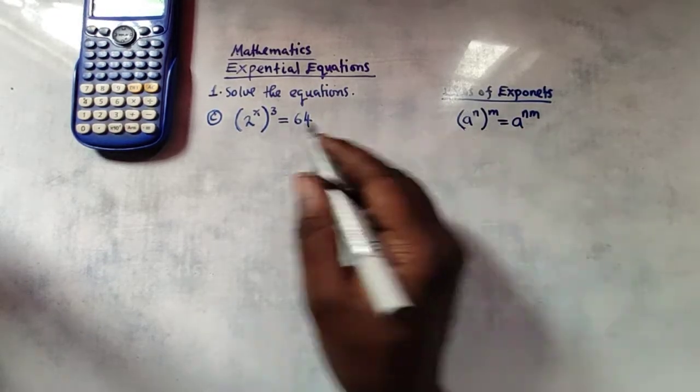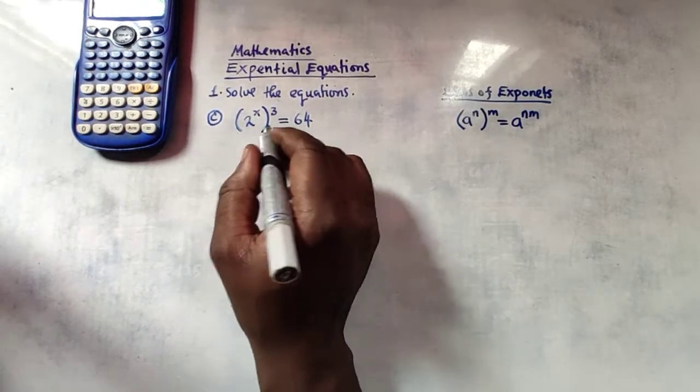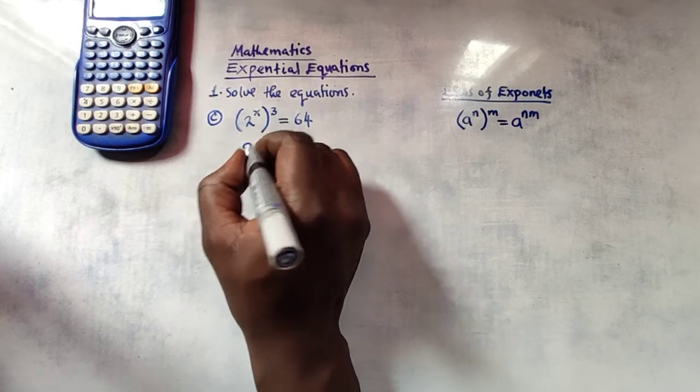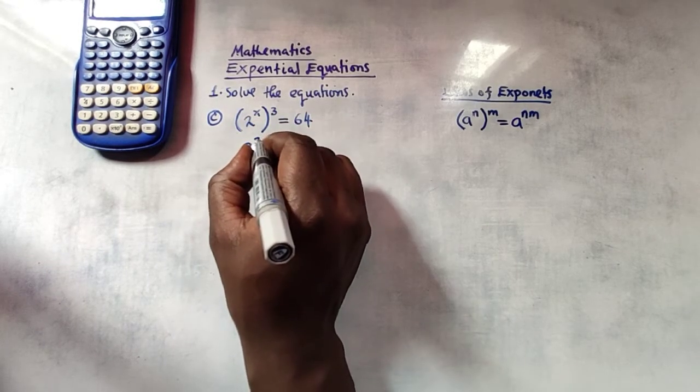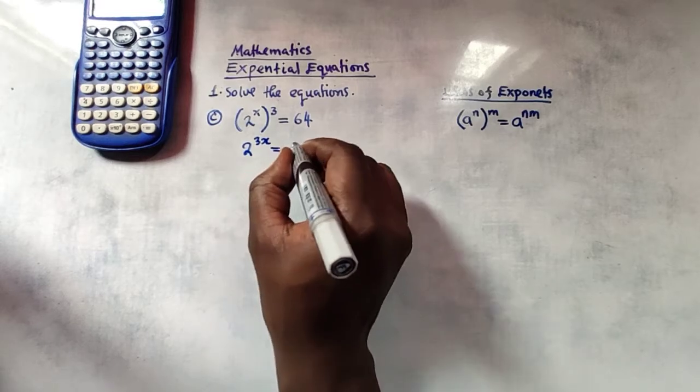I'll apply this law on the left hand side of the equation to have 2^(x multiplied by 3), that would be 2^(3x), which is equal to 64.